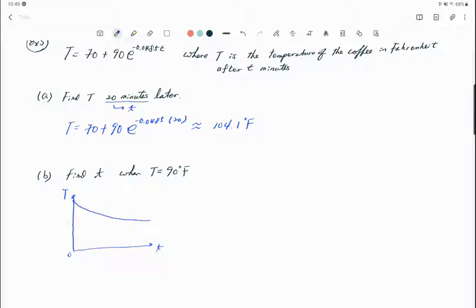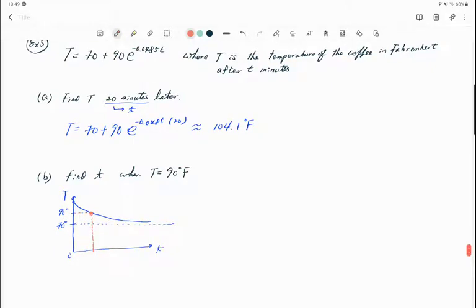And then it is approaching 70 degrees. So if you use a graphing calculator, it looks like this. And then we want to find 90 degrees, right? 90 degrees over here, this point. Once you get this point, go all the way down so that you can find t.